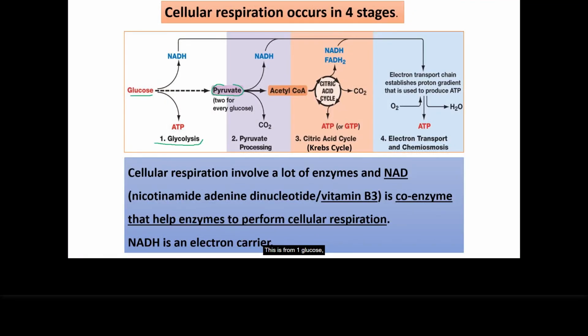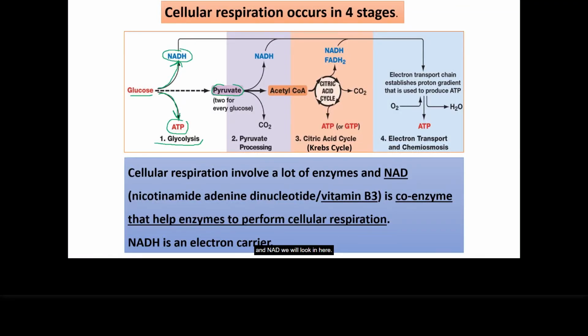From 1 glucose, usually 2 pyruvates are produced. And during these processes, what will be produced? ATP, but not a lot. Only 1 molecule of ATP will be produced. And during this process, something else will also be produced. The other molecule is called NAD or NADH.